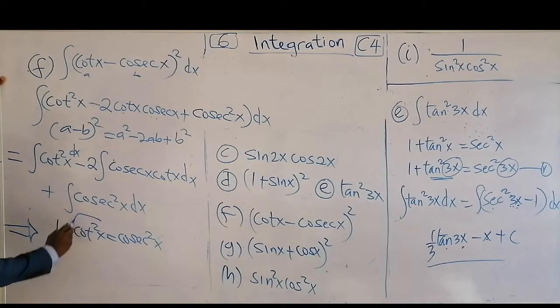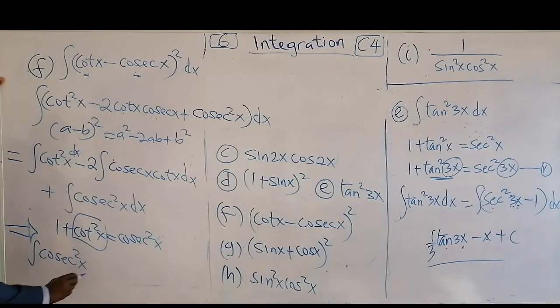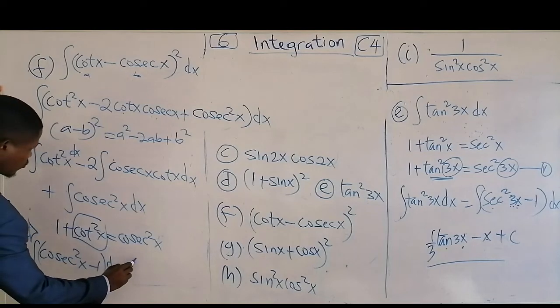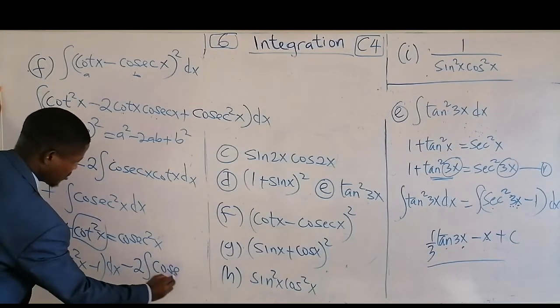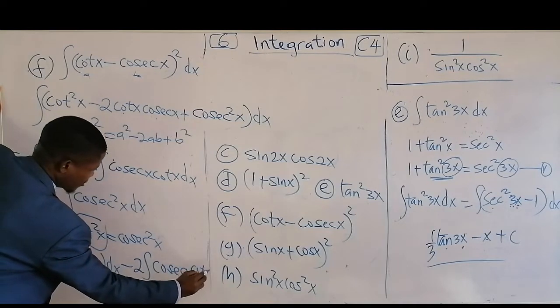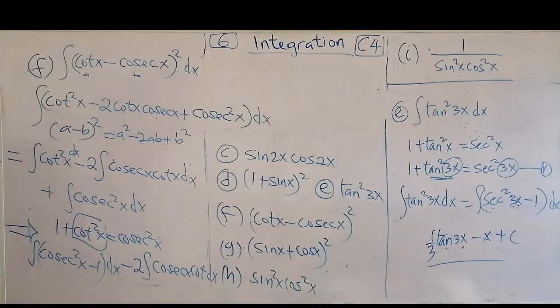So we can make this one the subject, and this one will now become the integral of cosec squared x minus 1 dx, minus 2 times the integral of cosec x cot x dx, then plus this integral. So that's what we have.